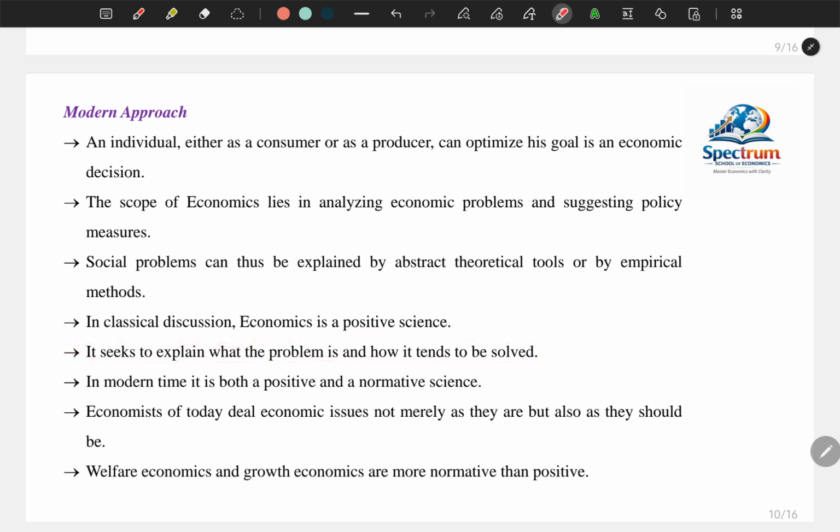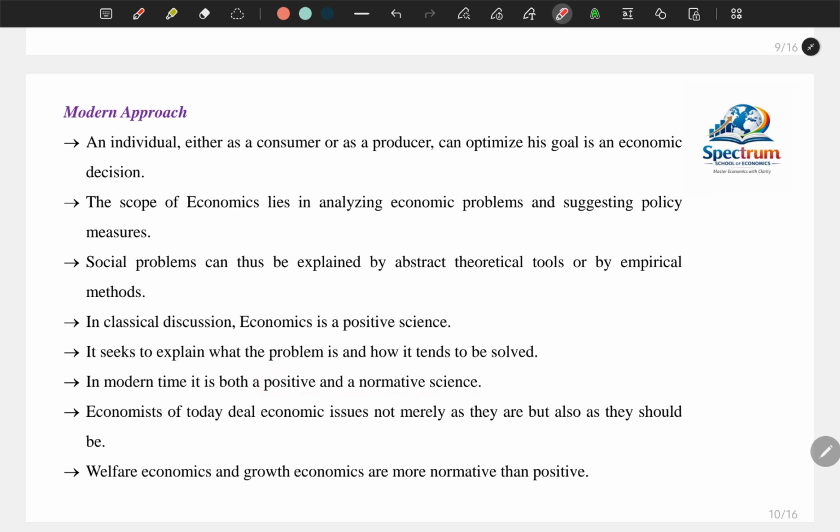In the modern approach, economics studies the problems related to the economy, and it also gives some solutions. In modern times, it is both a positive and normative science because of this solution-based approach.